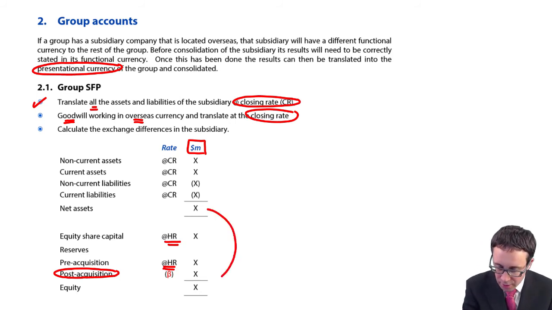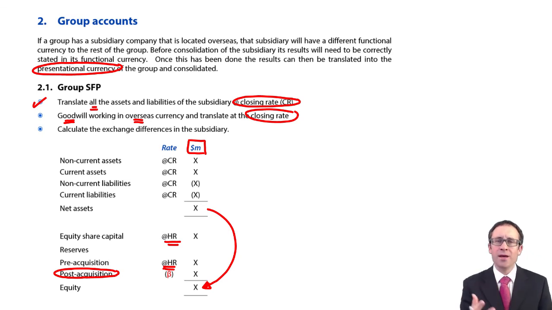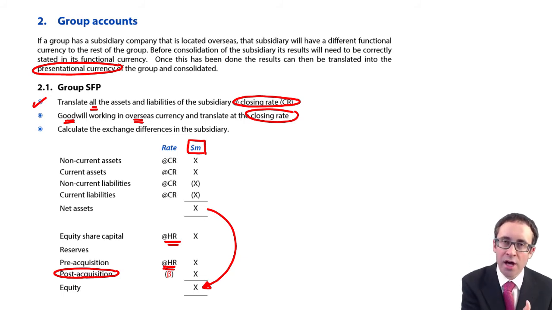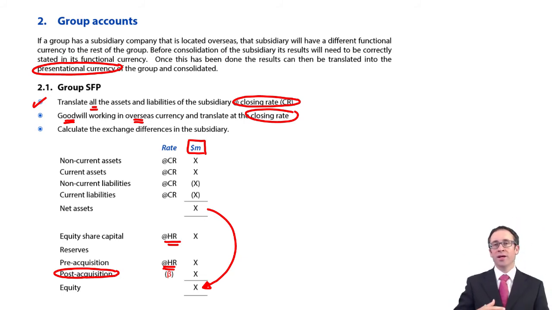You know from your accounting equation that net assets equals equity, so you can make your working balance, and the post-acquisition figure is the balancing figure. Then we can give the non-controlling interest their share in the NCI calculations, and the group their share within the group retained earnings calculations.